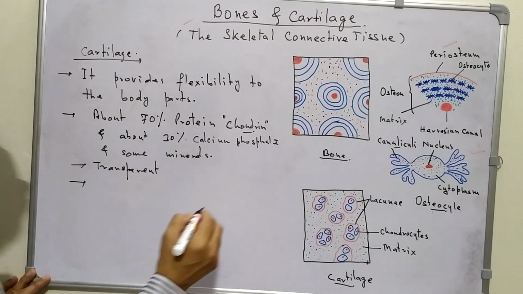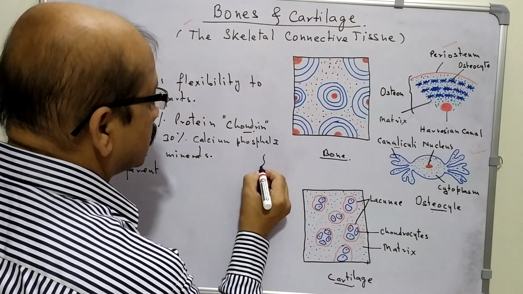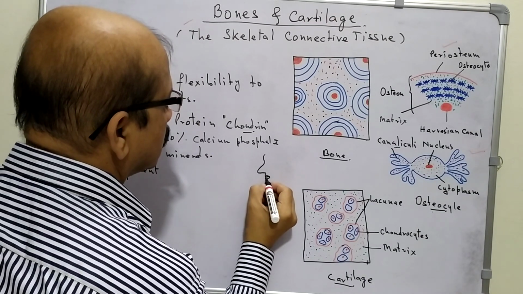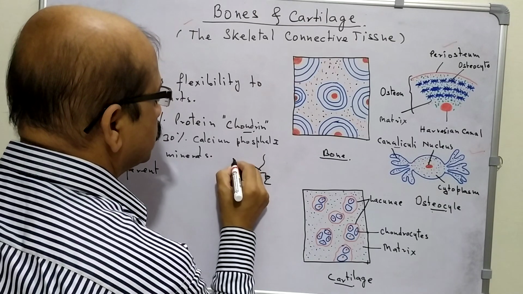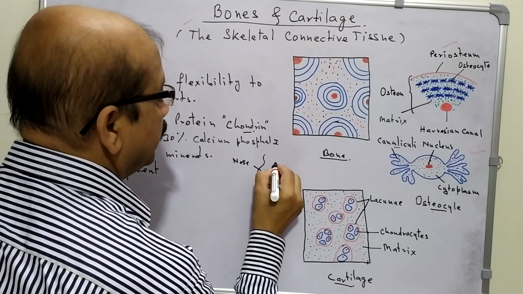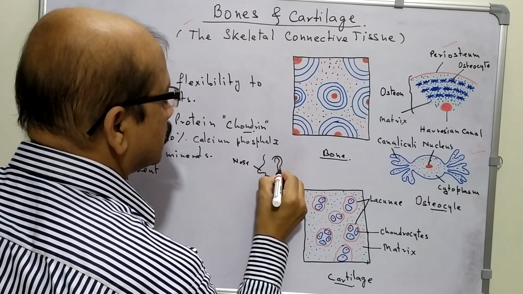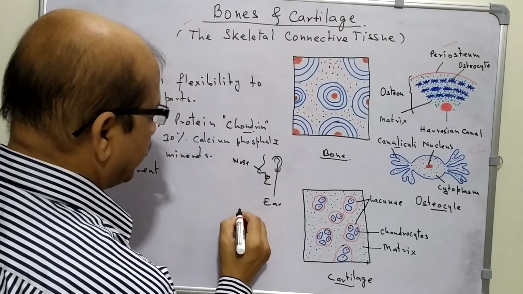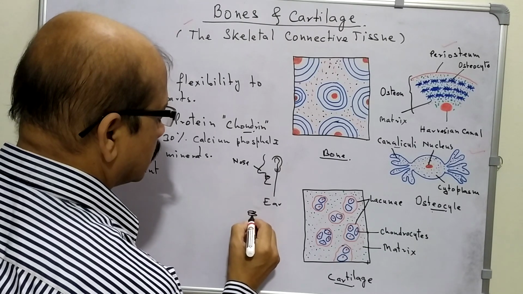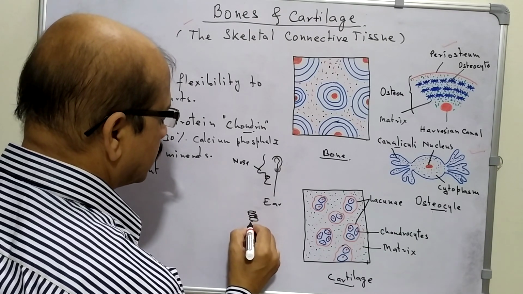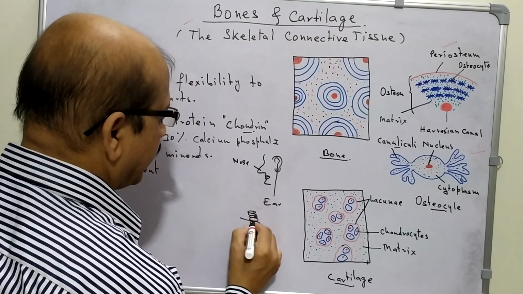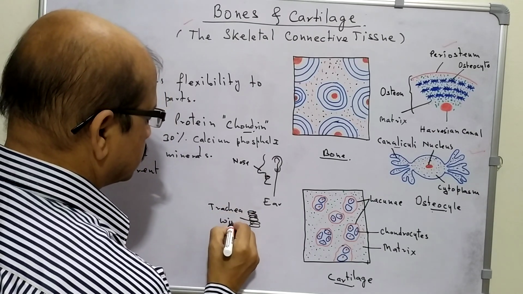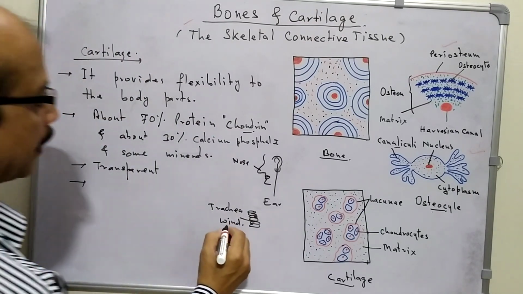Present in the nose, ear pinna, trachea, that is the windpipe.